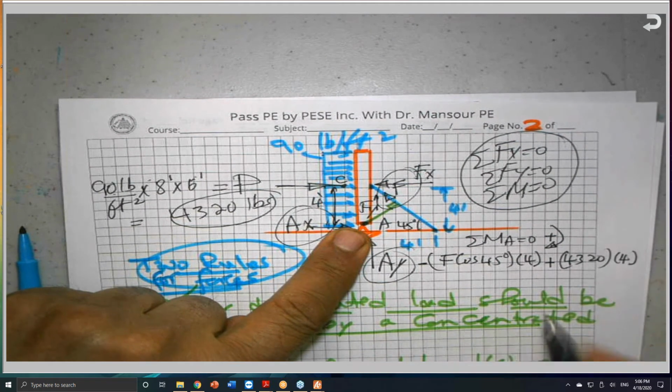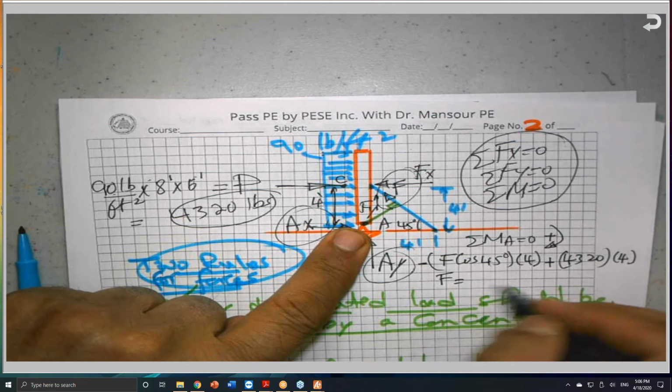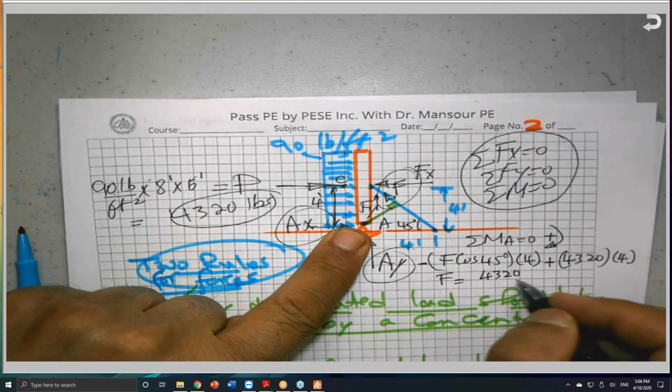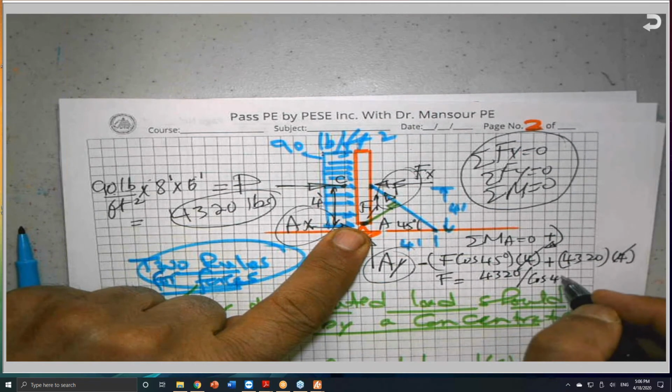So in this case, I can say F is equal to 4320 divided by, because 4 can cancel, cosine 45 degrees.